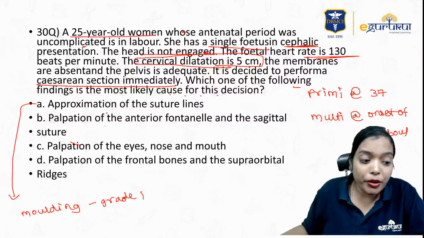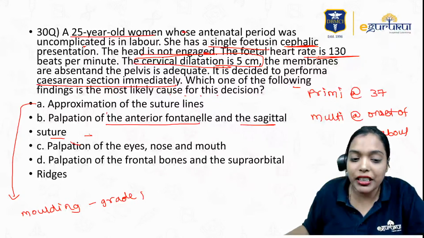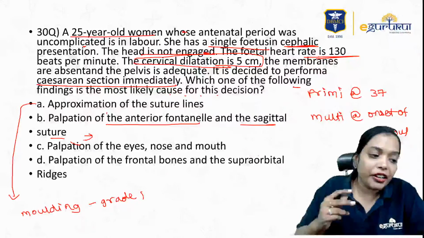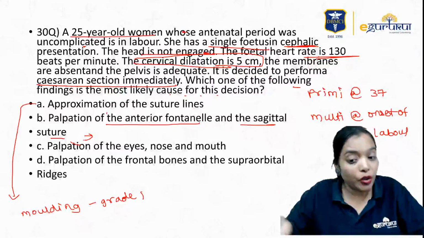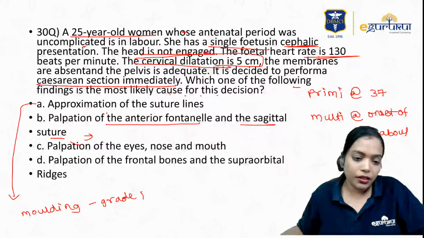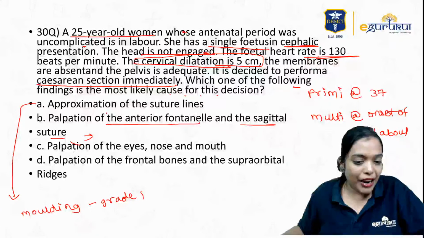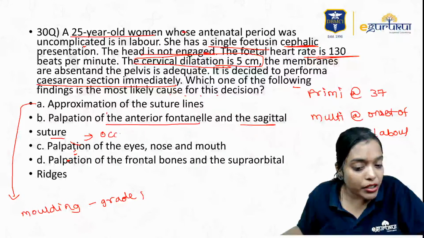Now I want you people to tell me, palpation of the anterior fontanelle and sagittal suture means it is which position? What position I taught you today, where we'll have a palpation of anterior fontanelle and sagittal suture. So palpation of anterior fontanelle and sagittal suture suggests that this is the occipito-posterior position.